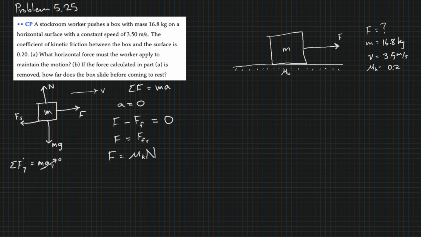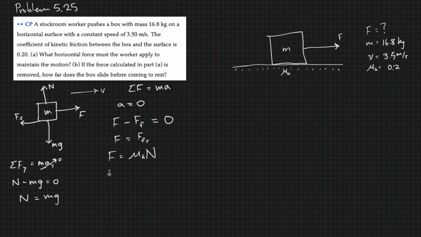So sum up all the forces in the y direction and set it equal to 0. If I do that, I've got the normal force pointing up, I've got mg, the force of gravity or the weight, pointing down, equals 0. And so here the normal force is equal to mg.